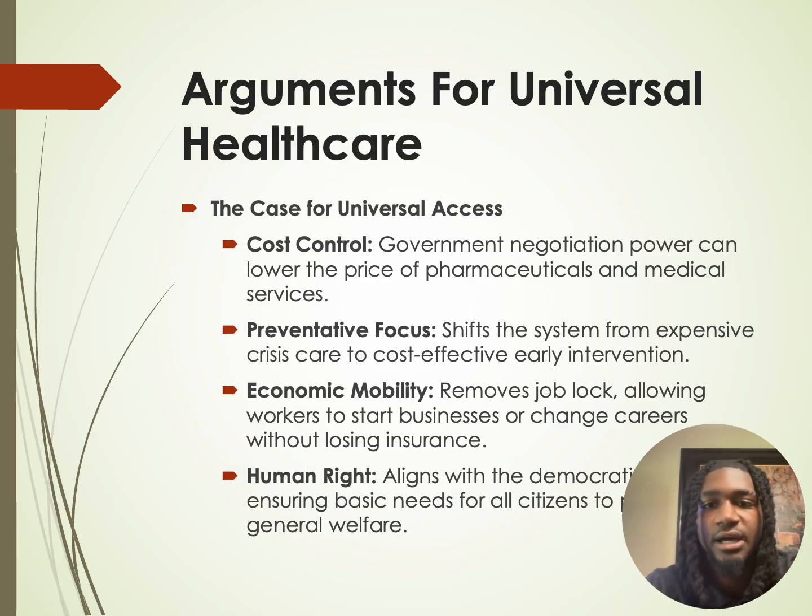Beyond the numbers lies the argument of economic mobility. Many Americans suffer from what Hacker 2019 calls job lock. They stay in jobs they may be overqualified for simply because they cannot risk losing their health benefits. By decoupling insurance from employment, we encourage entrepreneurship and a more fluid, efficient labor market.